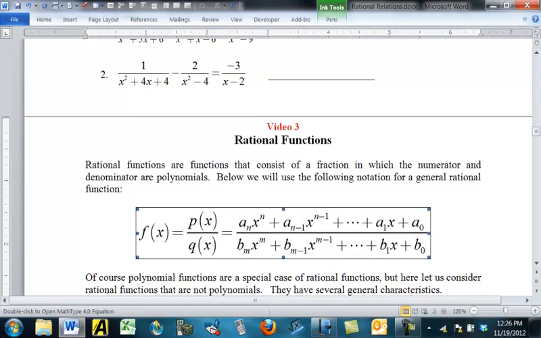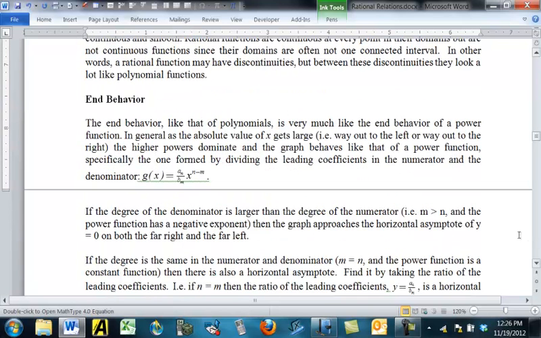So when you get really, really large x's, you can sort of cross out these other terms, not in determining the y value, because they're all important there, of course, but in terms of determining the basic shape on the end. It's really determined by the first term in the numerator and the denominator, which boils down to just one single power function: the coefficient a_n over b_m, and then the power n minus m on x.